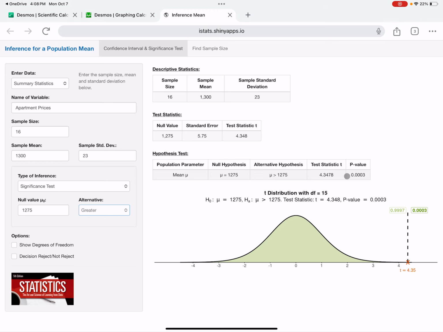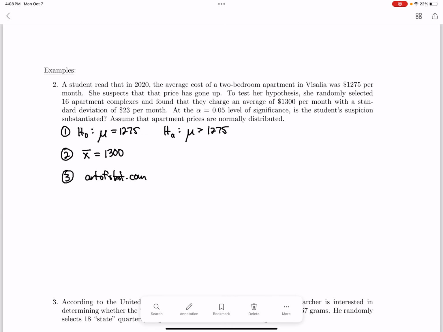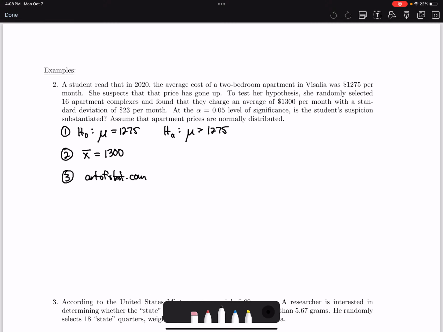Okay, so let's write that down. I would like for you to show your work on these problems by showing me what you entered into artofstat.com. We entered a mean of 1,300, a standard deviation of 23, and a sample size of 16, okay? And then, of course, we entered these hypotheses as well, but you've already written that down, so you don't have to write it down again.